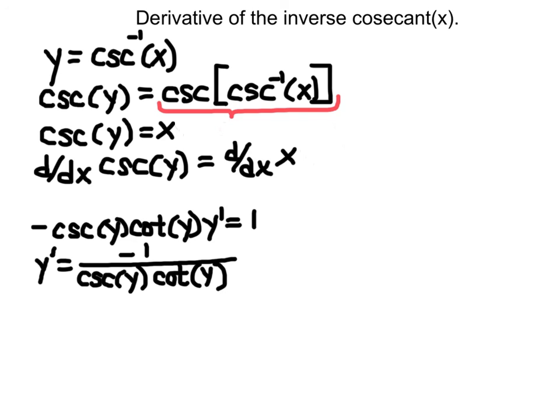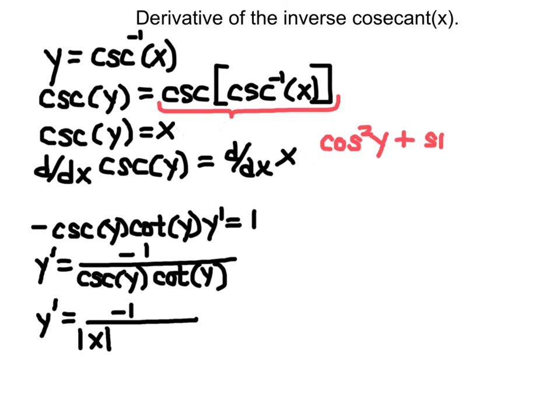So this gives us y prime is equal to negative 1 over, and the cosecant of y we found up here is equal to x, and in this case it's the absolute value of x because of a restriction. And now we need to find the cotangent of y in terms of x. Well, for that we're going to use our trigonometric identity, cosine squared y plus the sine squared of y is equal to 1.